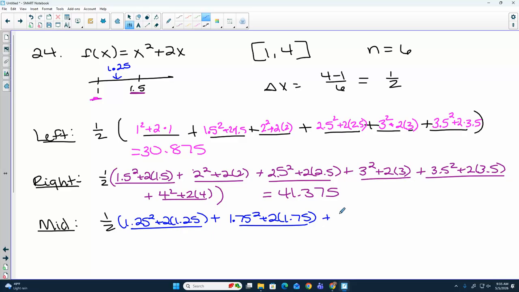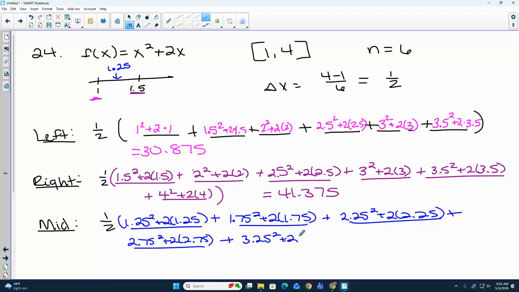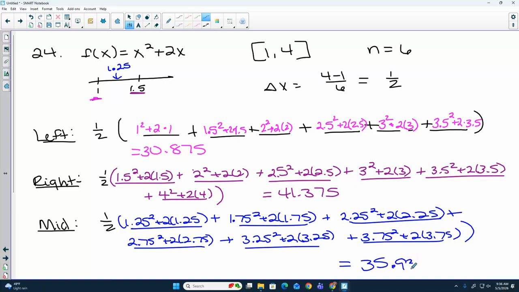And keep adding our 0.5, so that's 2.25. 2.75. And that one should give us something between the others, which it does, 35.9375.